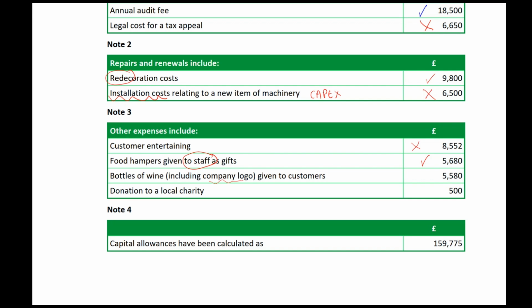We don't have any details to know how much the wine actually costs, but that's irrelevant because food, drink, tobacco, vouchers for customers are disallowed, irrespective of whether they've got the logo on, irrespective of whether they cost less than £50. So wine, tobacco, vouchers, food, specifically disallowed, irrespective of the cost. So that one, I'm going to add it all back. So let's do those ones before we move on to the next.